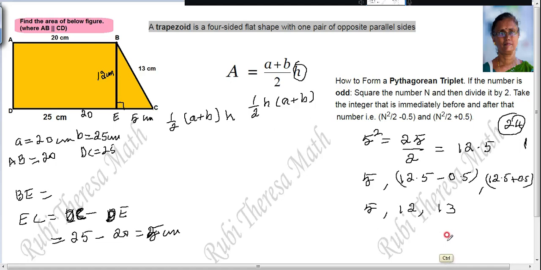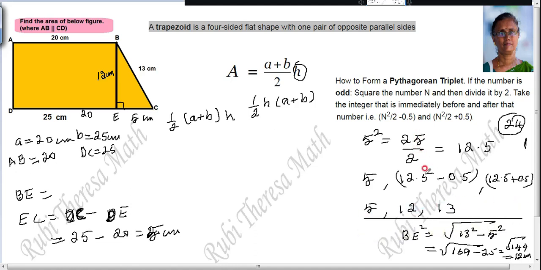BE is equal to root of hypotenuse square minus EC square. EC is nothing but 5. So, root of 169 minus 25, that is root of 144, that is equal to 12 centimeter. Do you follow?